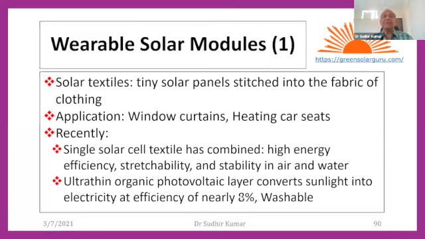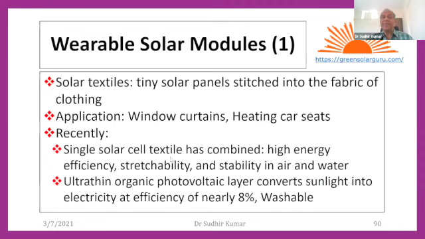So that means you can see here the wearable solar modules, they are basically low efficiency modules and still under development. You cannot say that it is really highly developed, but people are trying, and therefore they have found up till now high energy efficiency, stretchability, and stability in the air and water.